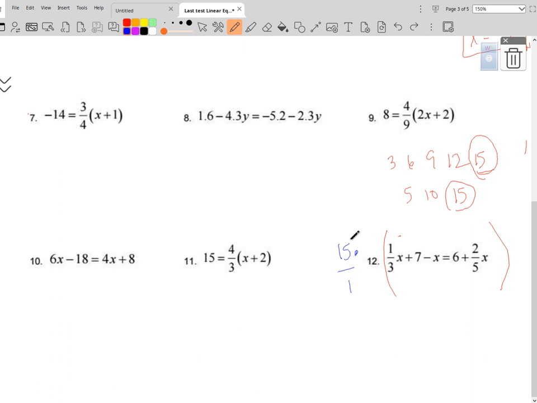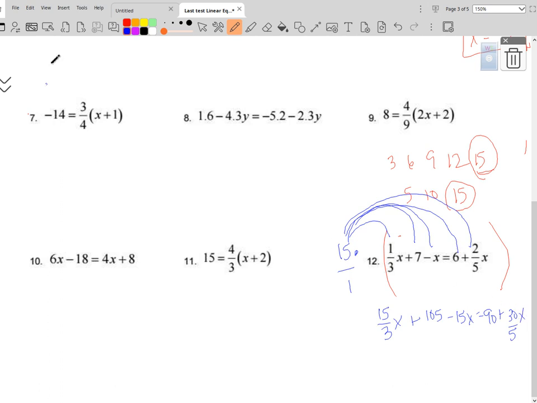Okay, so 15 times 1 over 3. I'm going to not take any shortcuts just so that you see it. 15 times 7, is that 105 again? Minus 15x equals, is that 90? 15 times 6 is 90 plus 30 over 5x.